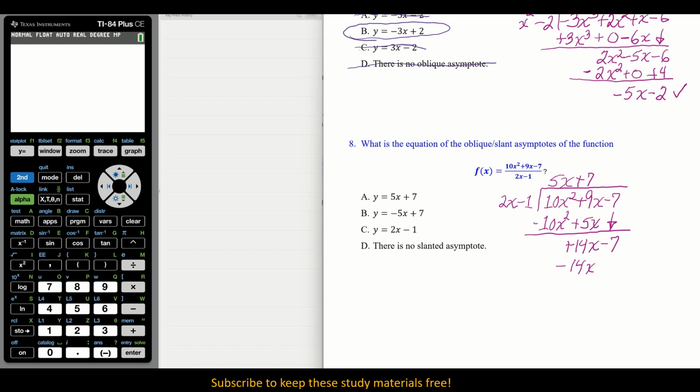And then 7 times a negative 1 is a negative 7, but we are subtracting, so we use the opposite sign, and our remainder becomes 0. And if you remember from one of the conditions, we cannot have a remainder of 0. So this tells us that option D is what we need. There is no slanted asymptote in this situation. Okay, so the other three options are not what we're looking for.